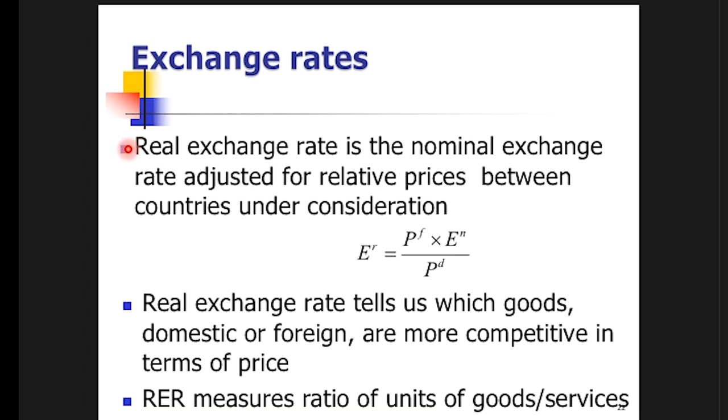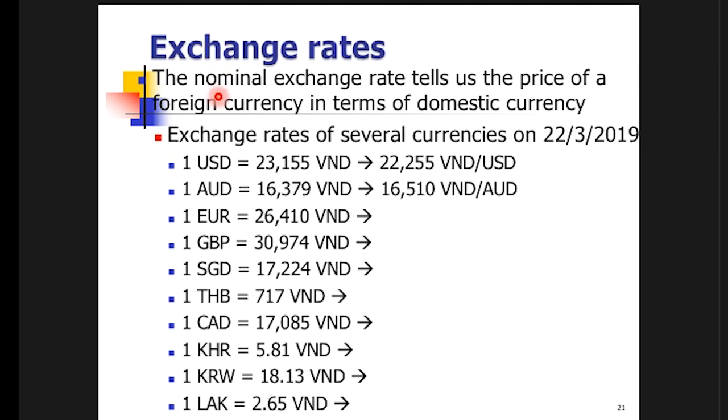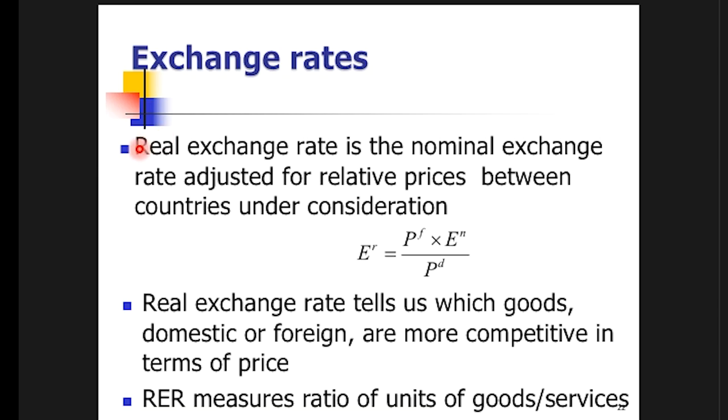The next term for exchange rate is the real exchange rate. The nominal exchange rate is the price of currency, but the real exchange rate shows the relative price between goods and services, and it tells us which goods or services are more competitive in terms of price.